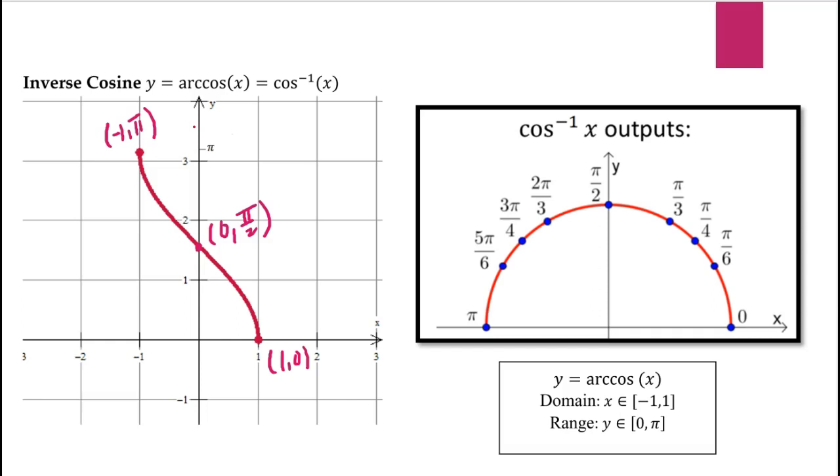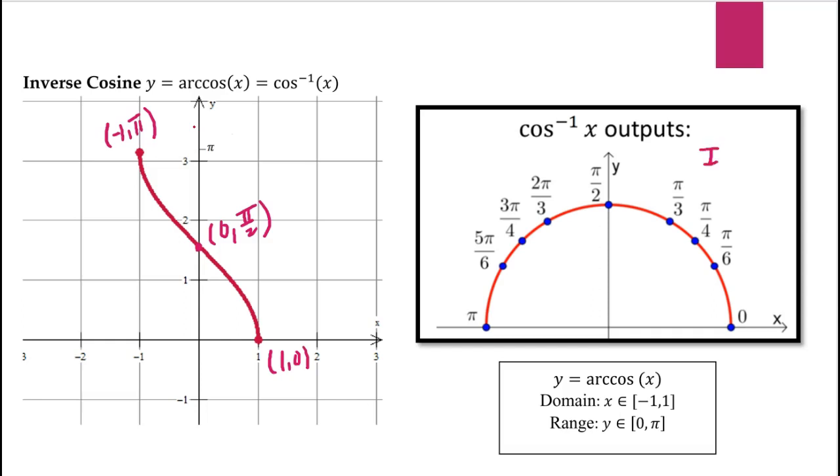These are filled in circles, so the graph doesn't continue on forever because of that restricted domain. For that reason, the outputs of cosine inverse, the range values, extend from 0 all the way up to pi. And if we think about that on the unit circle, the values from 0 to pi are in quadrants 1 and 2.